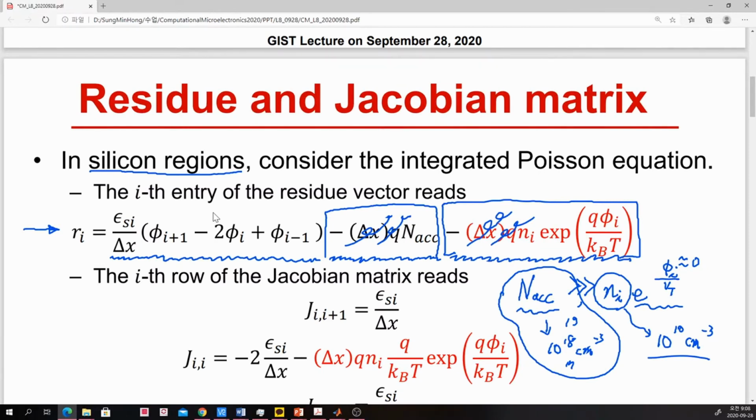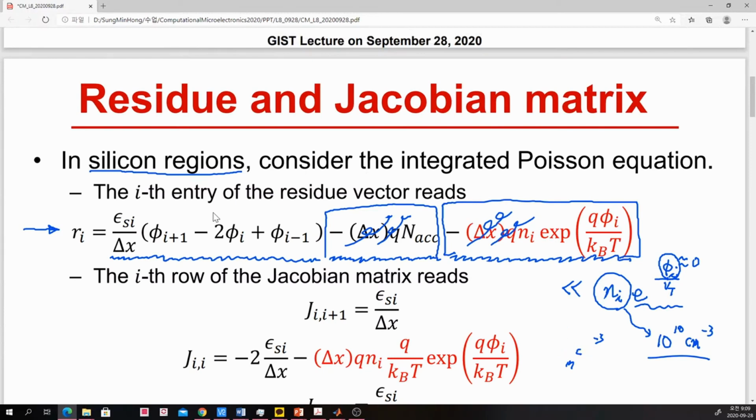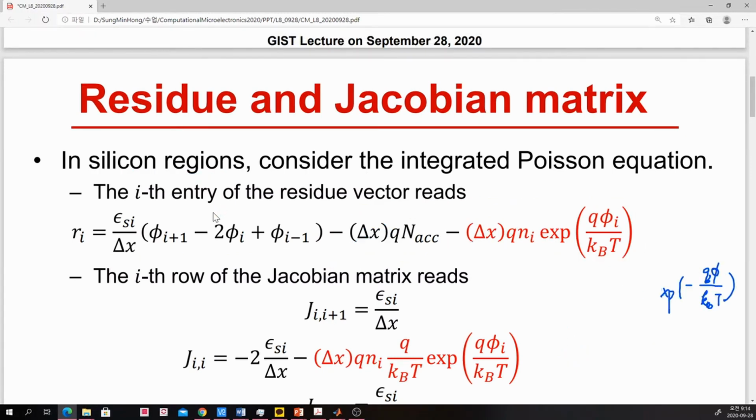But if the potential is sufficiently large, then the electron density can become comparable to the acceptor density, or for even larger values, the electron density can be larger than the doping density. That's the reason why we have to consider the electron contribution now. You can easily expand our discussion to bipolar cases where both electrons and holes are considered.